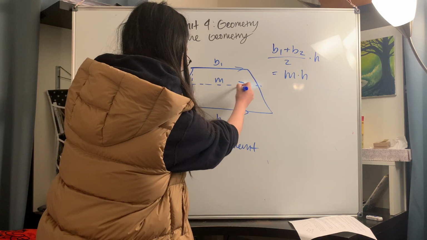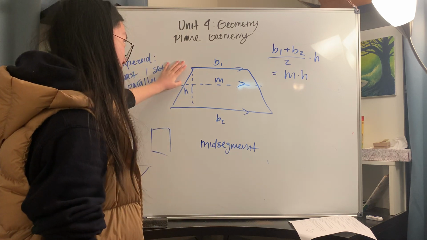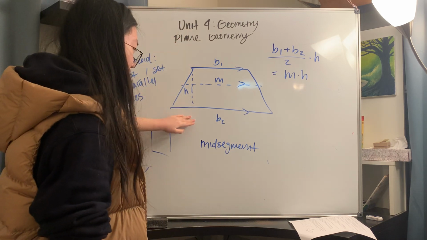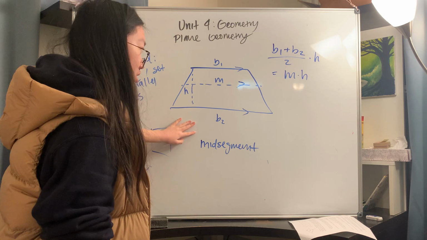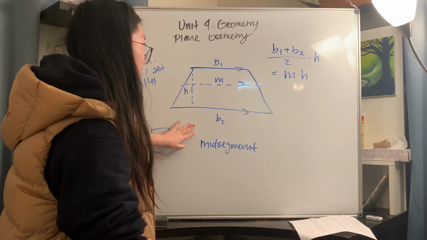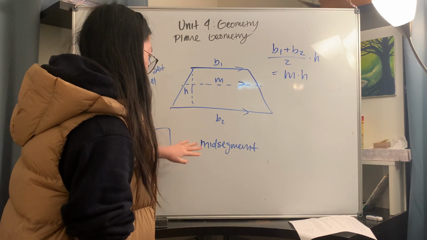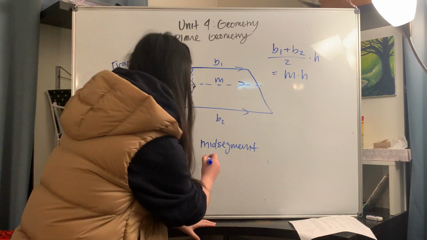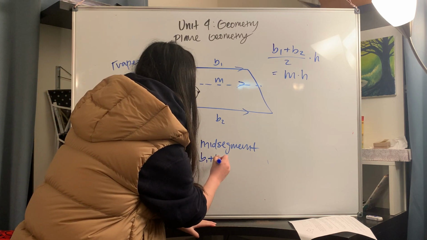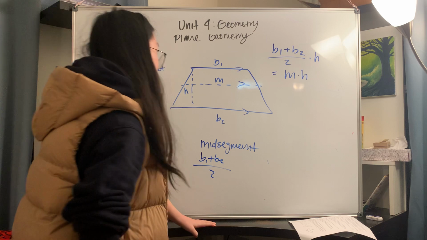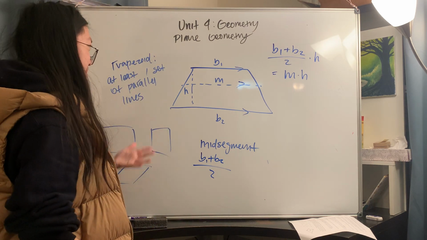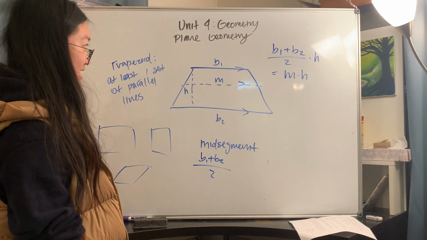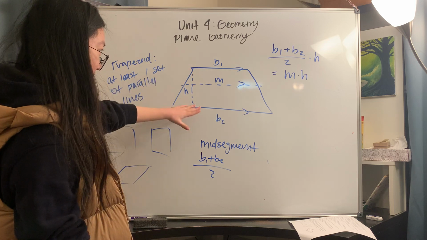So I can actually add this notch here again. The mid-segment is parallel to base 1 and base 2. And its length is equal to the average of these two bases. So the formula for the mid-segment is B1 plus B2 divided by 2. So if they ever ask, what's the mid-segment of a trapezoid? It is equal to the average of these two.